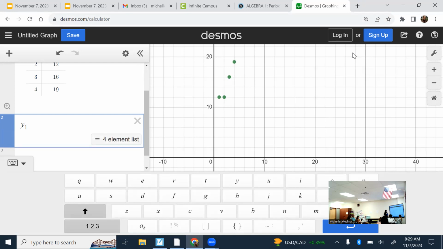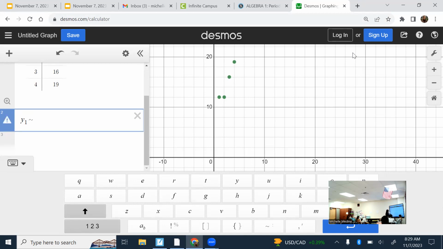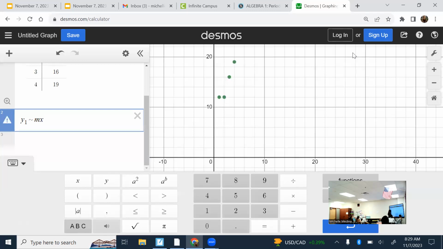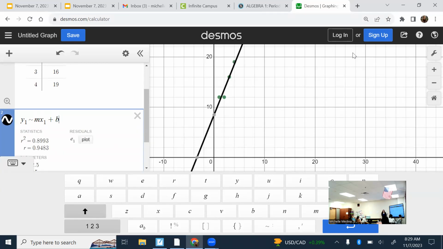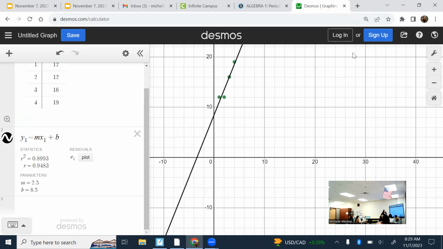Now, let's see if I can remember where the squiggle is on here. There it is. Okay, y1 squiggle mx1 plus, and then I put here it is. All right, so same thing you would for a linear model. Type that in. How do I make the residual plot appear?